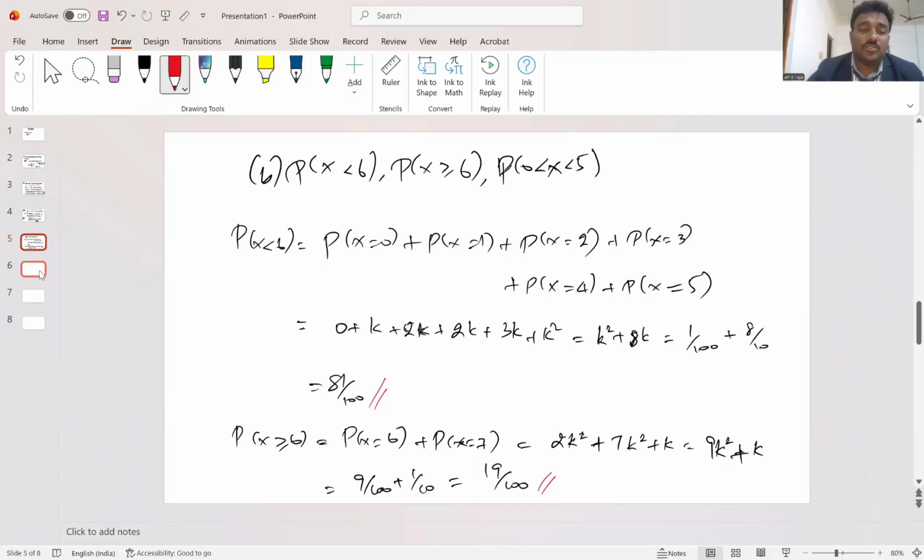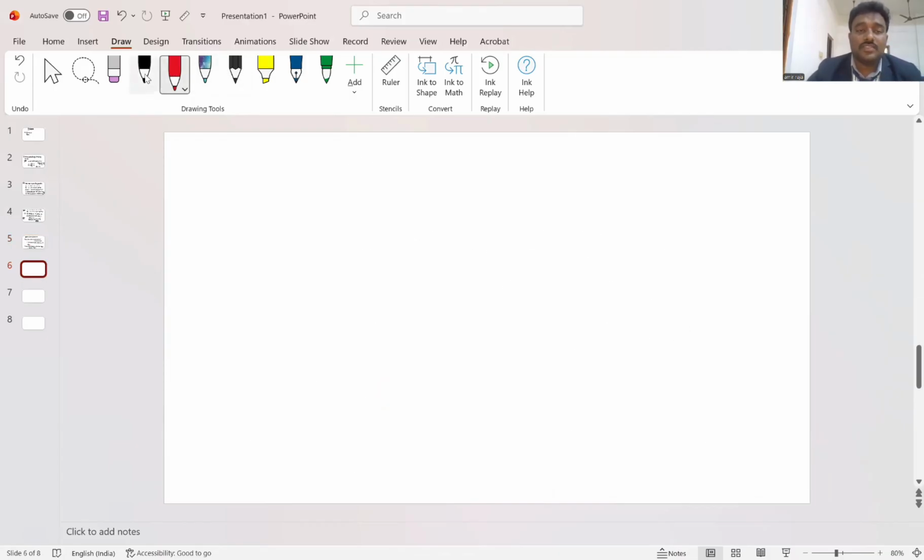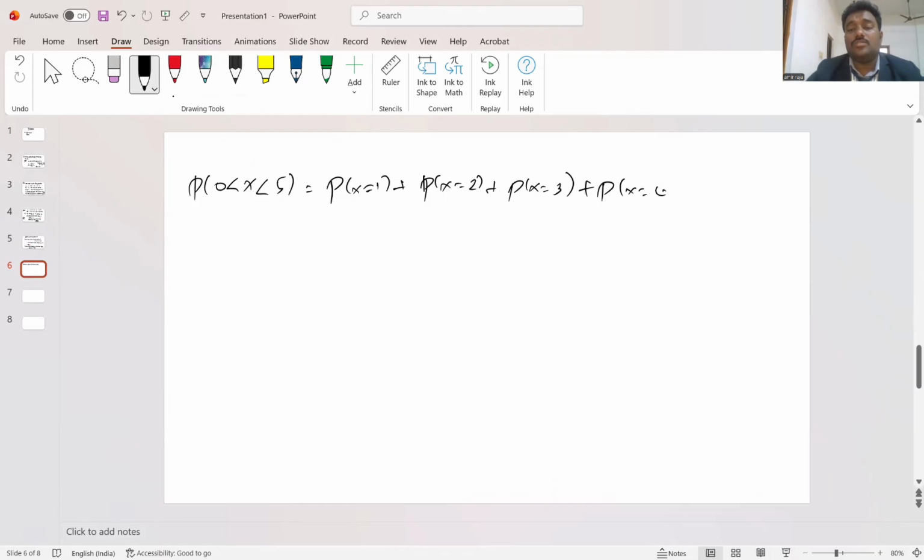Next, we are moving on to the next option, that is 0 less than x less than 5. Here we are using the less than symbol, so we should avoid the boundary points. We have to take x equal to 1 or 2 or 3 or 4.